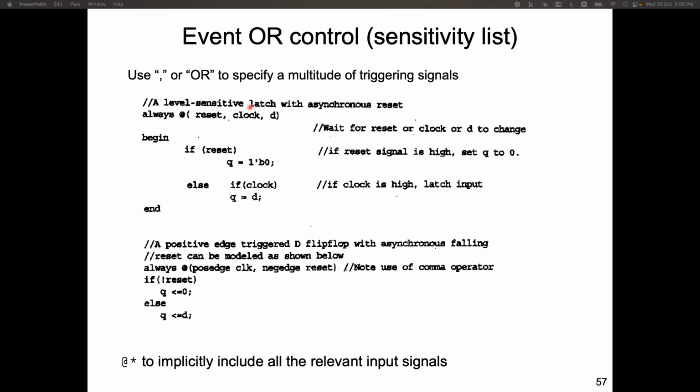And in the event statement, we can use comma or "or" to specify a multitude of triggering signals. This is called a sensitivity list or control. This example shows a level-sensitive latch with a synchronous reset.